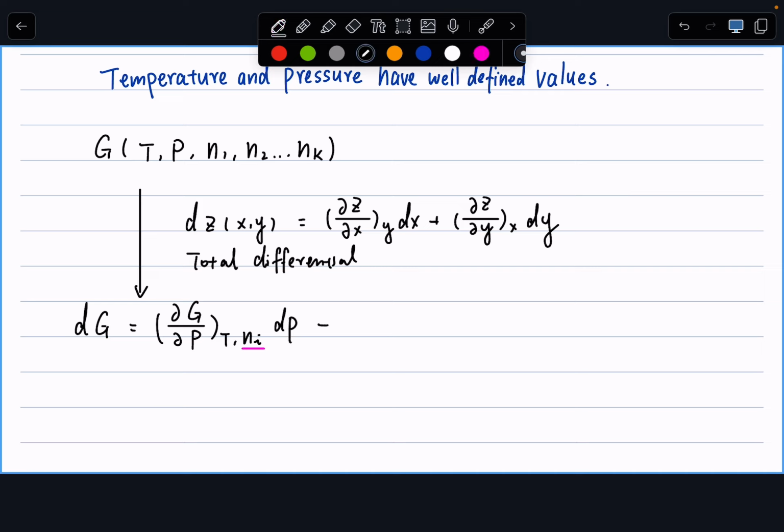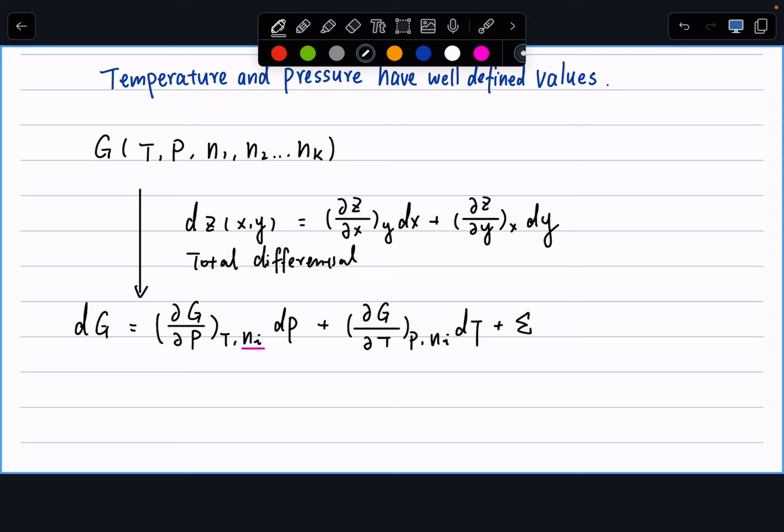dP plus the partial derivative of G over T at constant P and Ni dT, and everything else is just a sum of the change of number of moles of each substance.